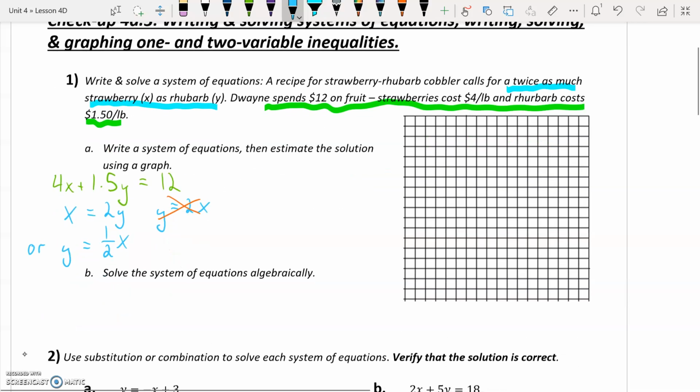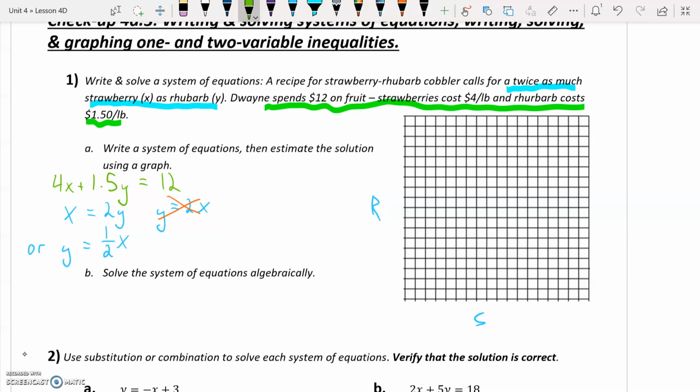So then graphing these, if we have strawberries here and we have rhubarb on our y, a good way to set this one up, the way I did it was, well, first of all, figuring out the intercepts. That kind of determines where this one needs to go.